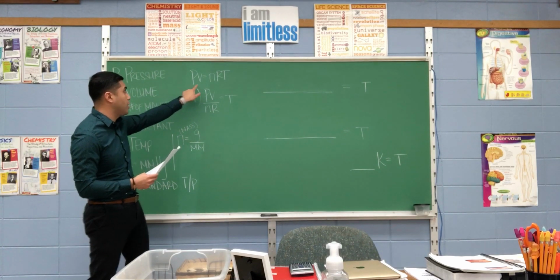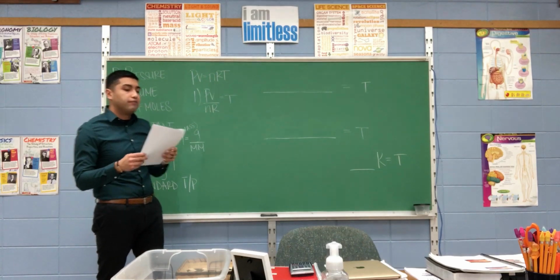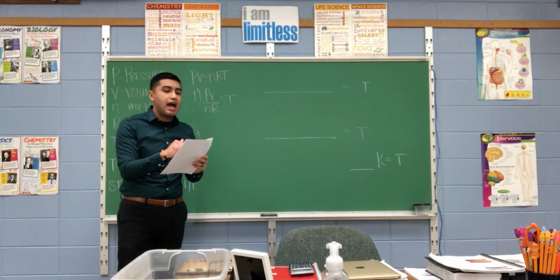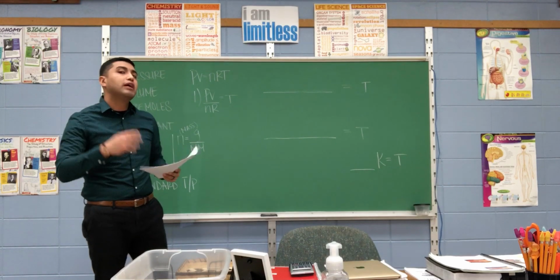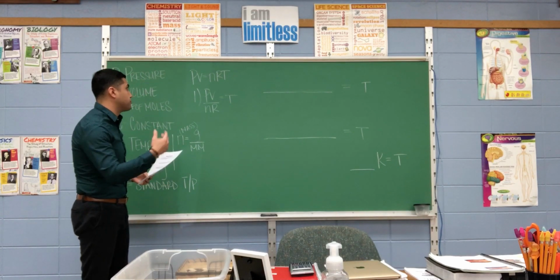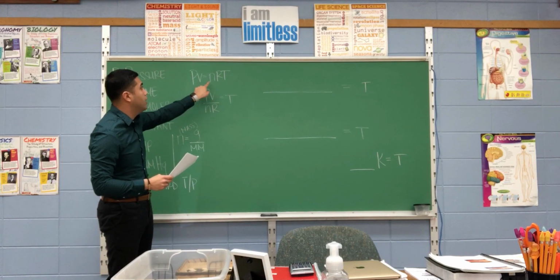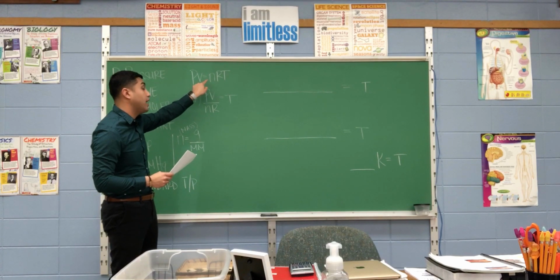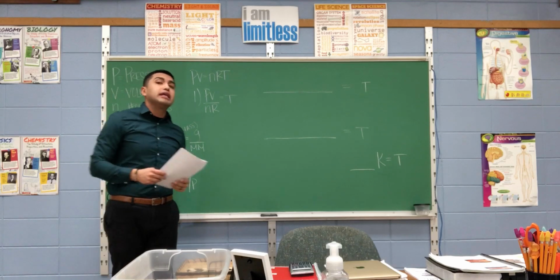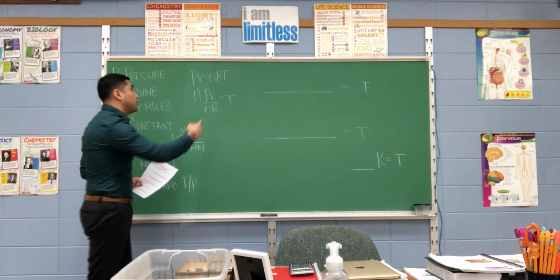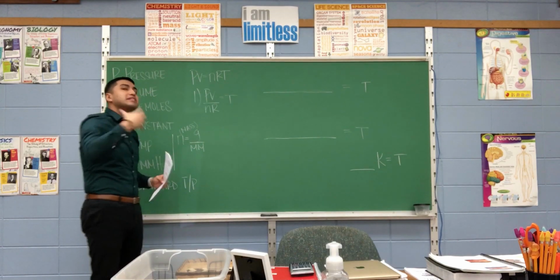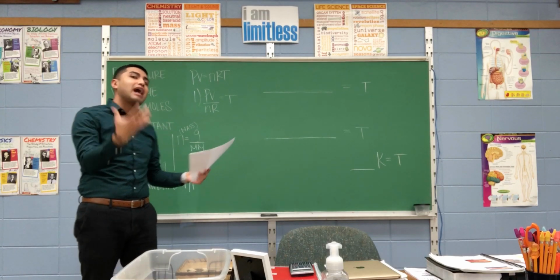Then it says a volume of 12 liters. 12 liters is volume, so your V is also given. Your P, your V, and your n are already given to you. And remember that your R is always given to you. It's a constant.